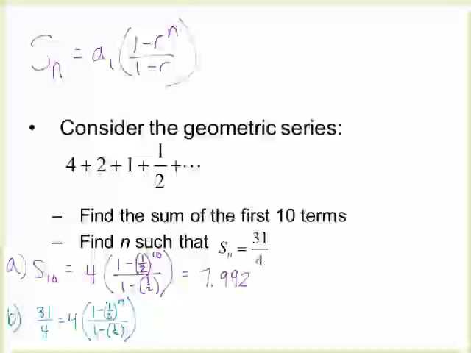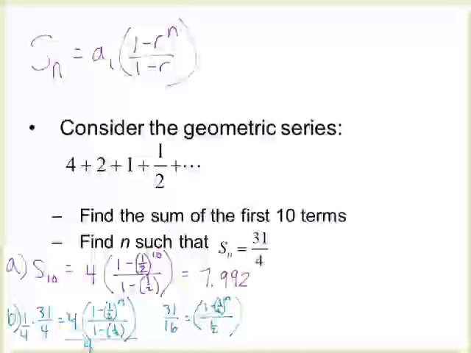The first thing I'm going to do is divide both sides by 4 to get rid of that 4 that's in the front. That gives 31 out of 16 equals 1 minus 1/2 to the n over, and then that denominator, 1 minus a half, is just a half.